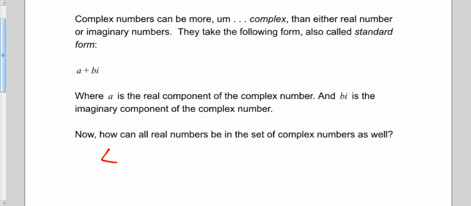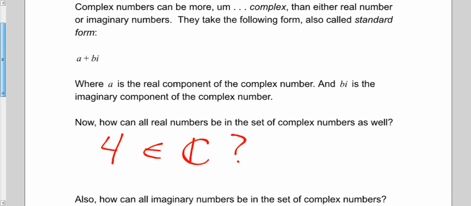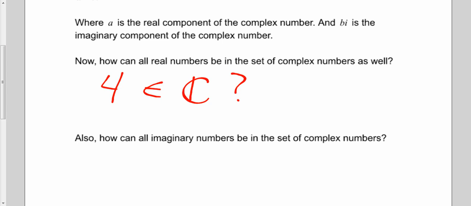How can 4 be in the set of complex numbers? This is really shorthand in complex notation.